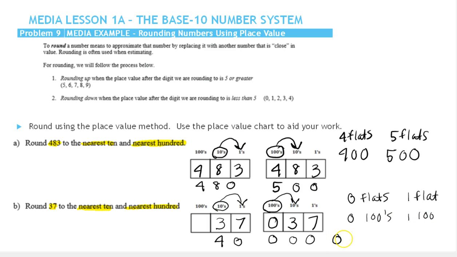Well, it's closer to 0. So let's just put this in. To the nearest 10, we have 40. To the nearest 100, 37 is 0, or 0 hundreds. And for part A, to the nearest 10, 483 rounds to 480. And to the nearest 100, 483 rounds to 500.